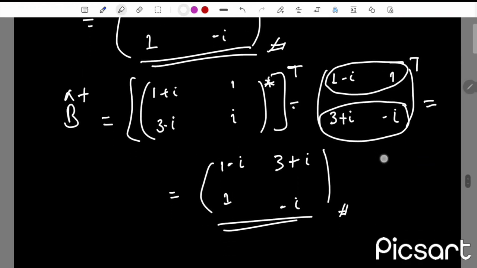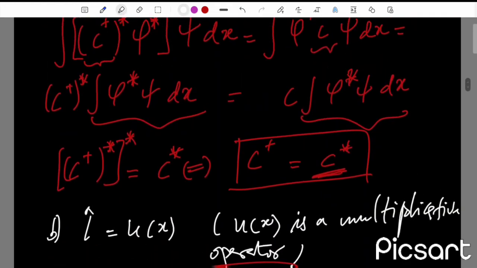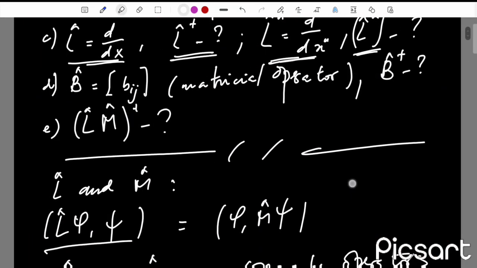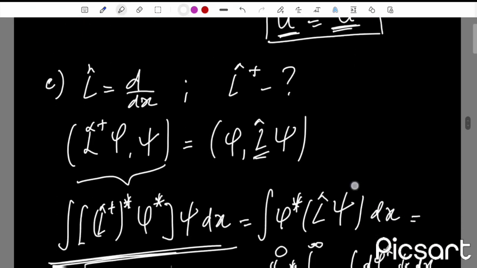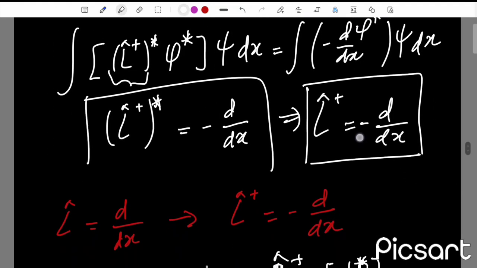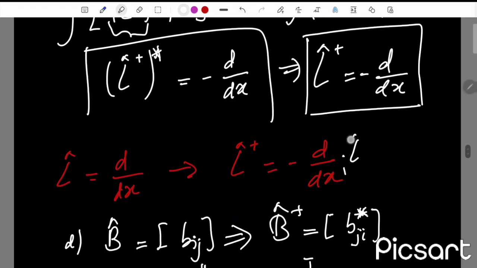Okay, we go on. On exercise C, we didn't conclude because we must try to obtain the conjugate of L. If we have L equal to d power n over d of x power n, what is its conjugate operator?